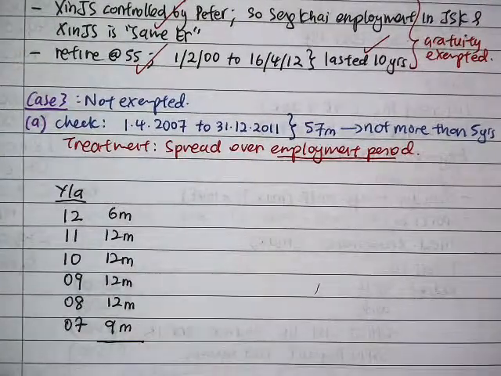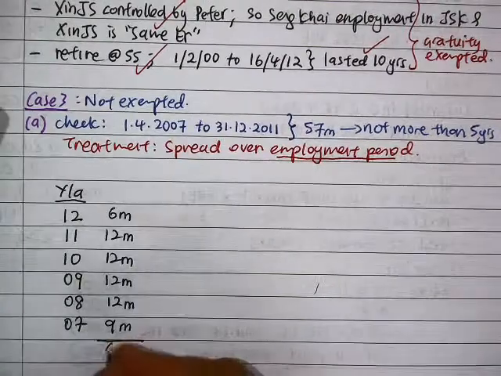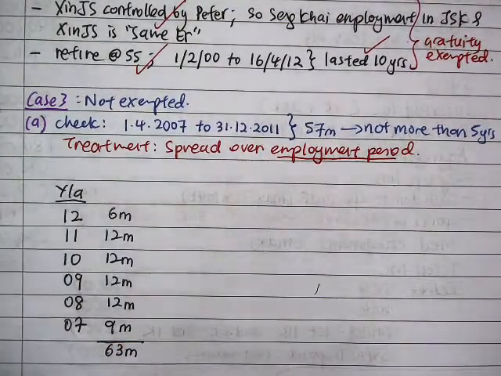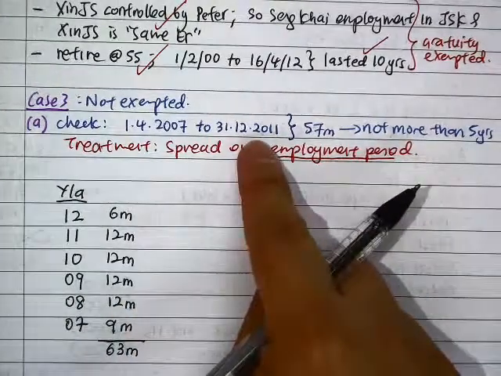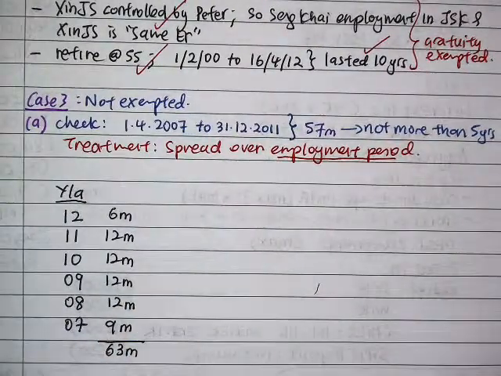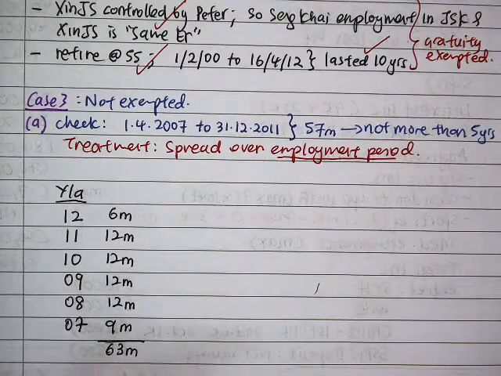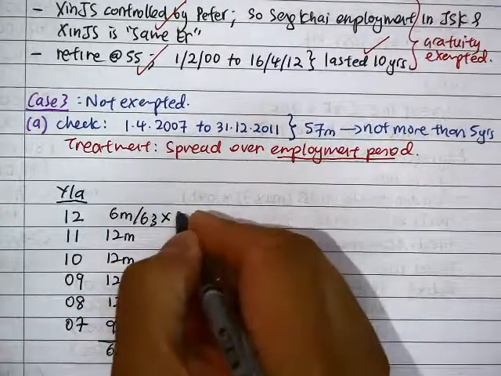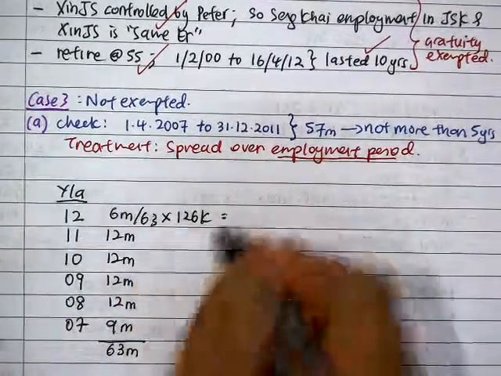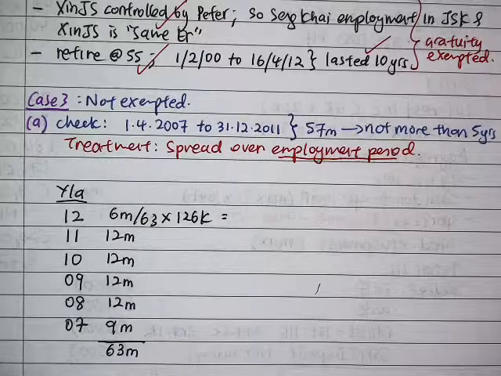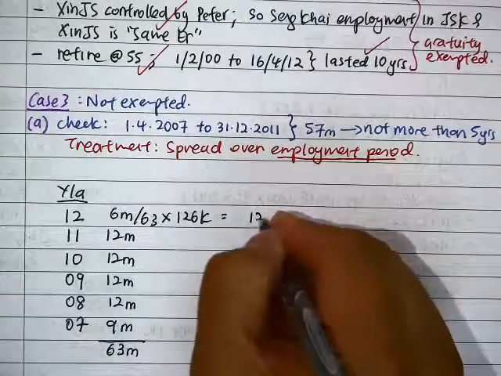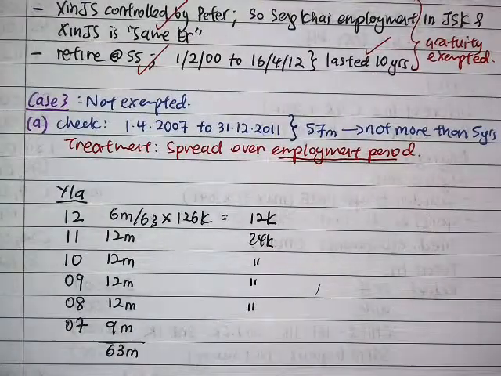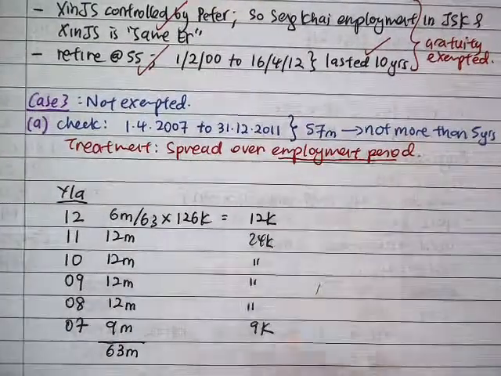In total, 63. To determine the treatment, you only count until December. But to spread, you have to follow the actual. So we go back to 63, multiply with the gratuity, 126, and you're going to get 12,024 and 9.